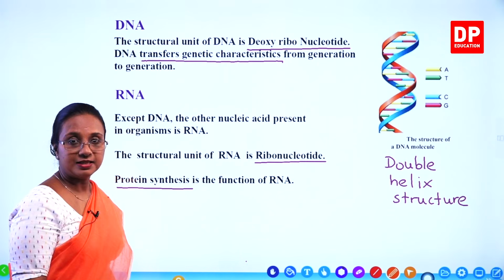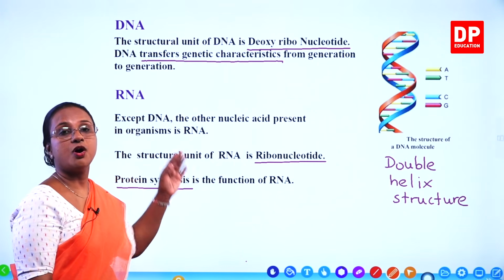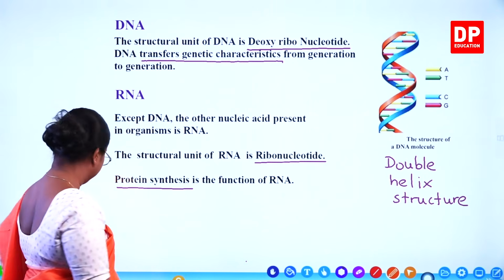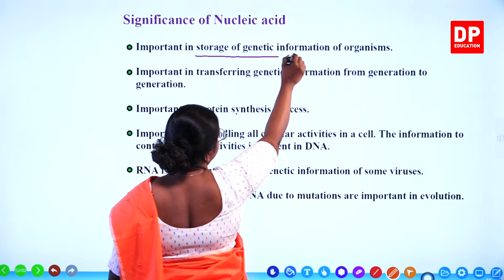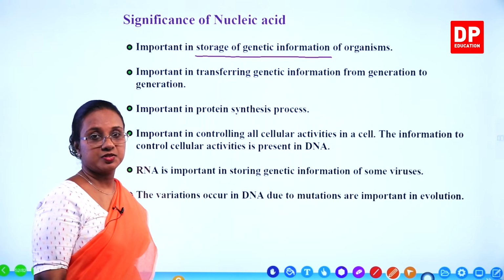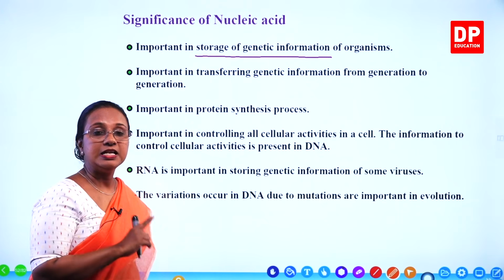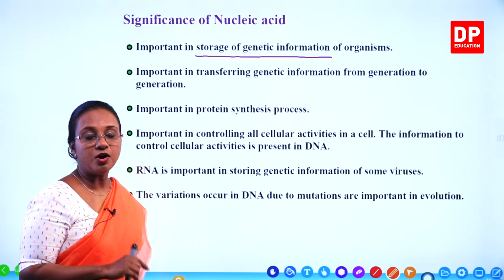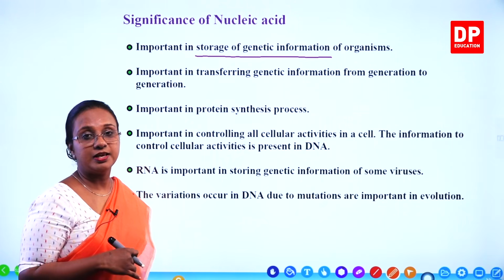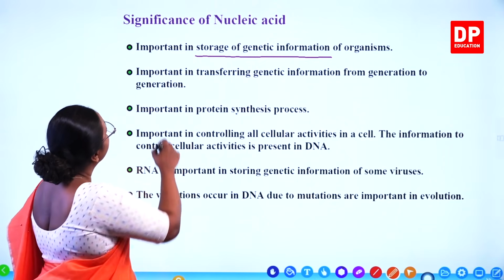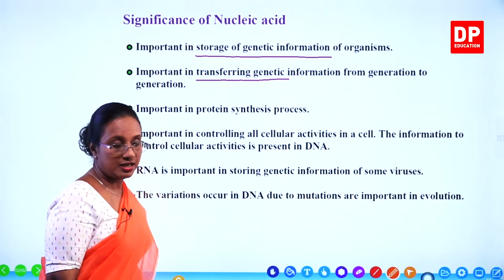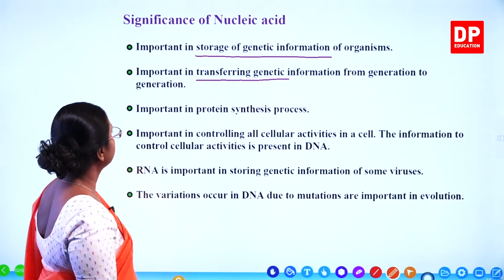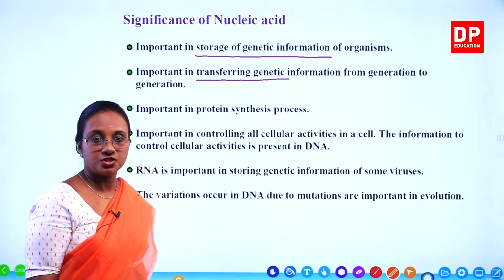Now we will look at the significance of these 2 nucleic acids. Nucleic acids are important in storage of genetic information of organisms. As we saw before, DNA is responsible for storing and transferring genetic information from one generation to another generation.